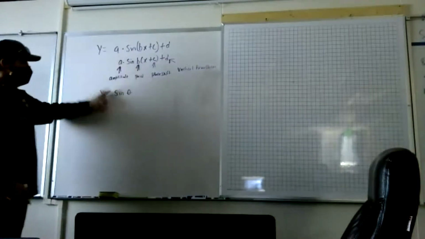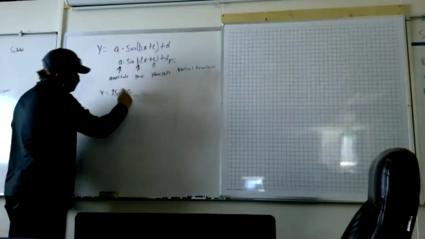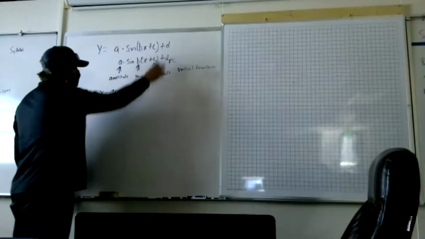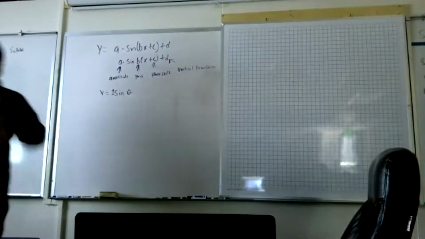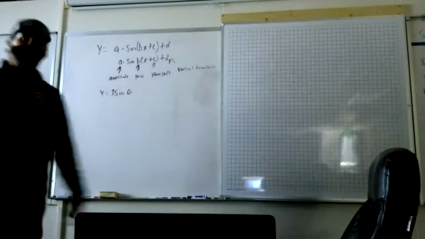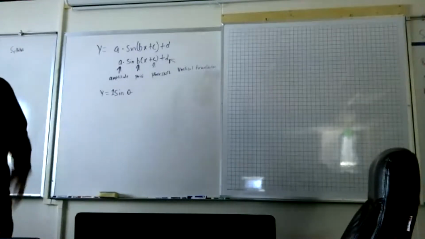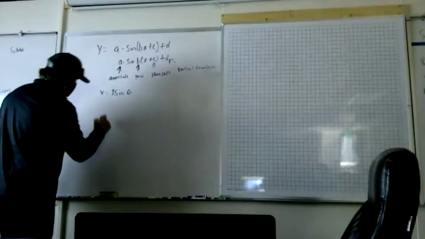Just A is 1, so it's 1 sine of theta. B is also 1. C would be 0. D would be 0. Okay, we would incorporate those, but in mathematics that's redundant. If you're multiplying by 1, it stays the same. And if you're adding 0, it stays the same. So those are omitted. Okay, the sine function.